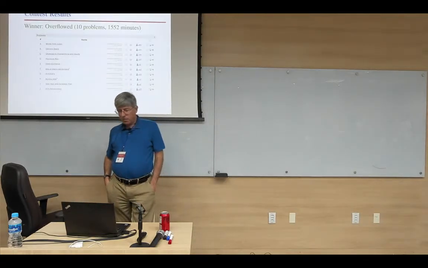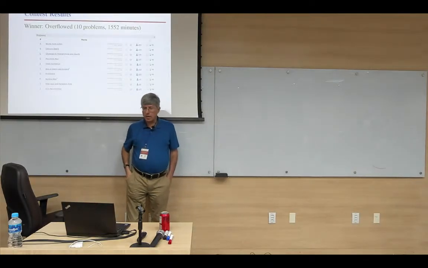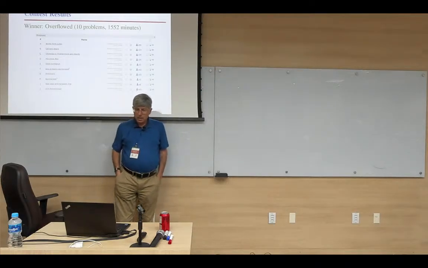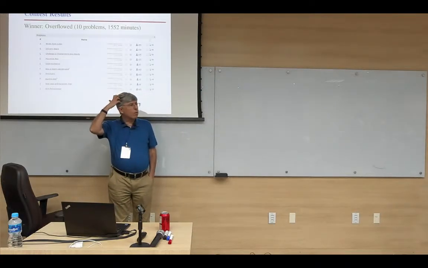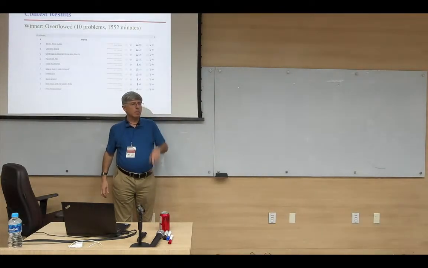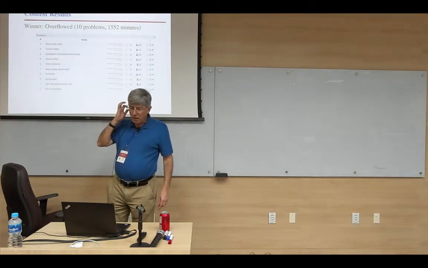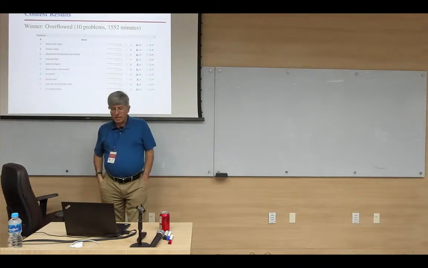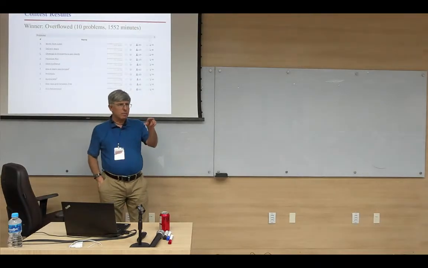Yesterday, the contest we had 10 problems, and the winning team was Overflowed. Is Overflowed here? Okay, where are you guys from, by the way? Argentina, okay? So they solved all 10 problems, and they got the last one with, I think, 7 minutes to go.